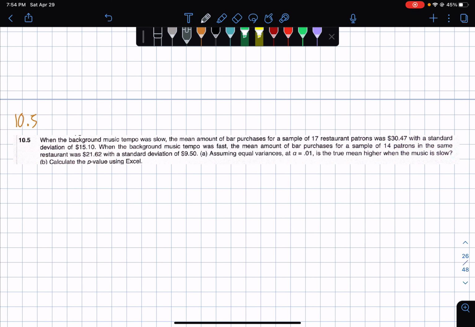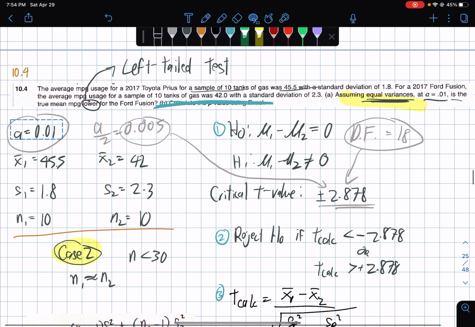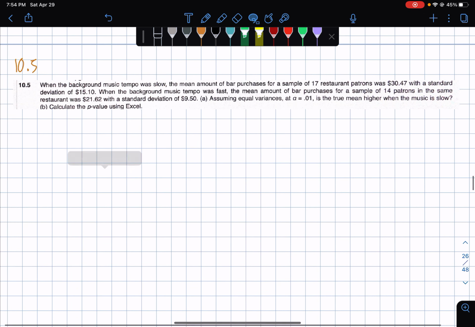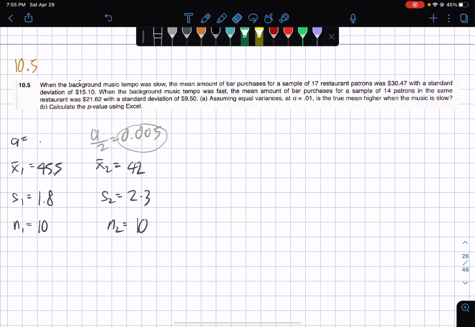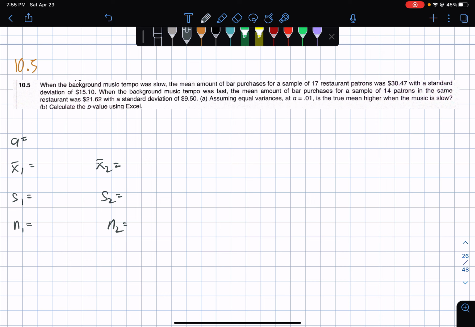Okay, 10.5. Again, relist everything, all of the variables that we have to take note of. Copy, paste. Okay, what's our A variable? It is 0.01, as you can see here. What is the mean amount of a sample of 17?